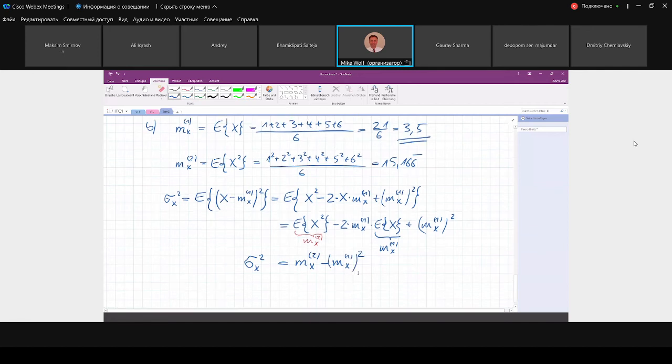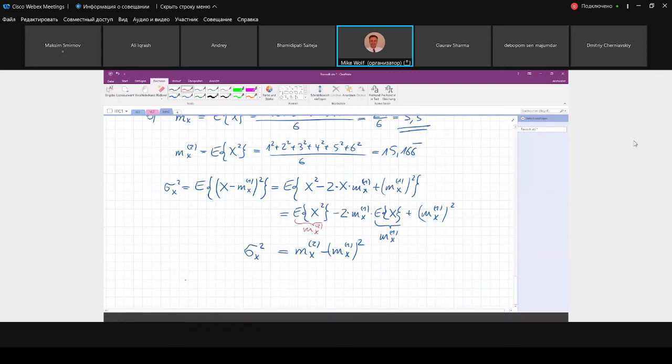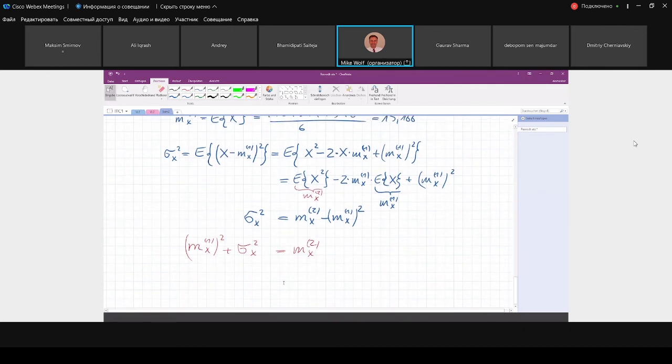Or in other words, if I square the first moment of a random variable and add the variance, I get the total, so the second moment. And in engineers' language, we would say total power.